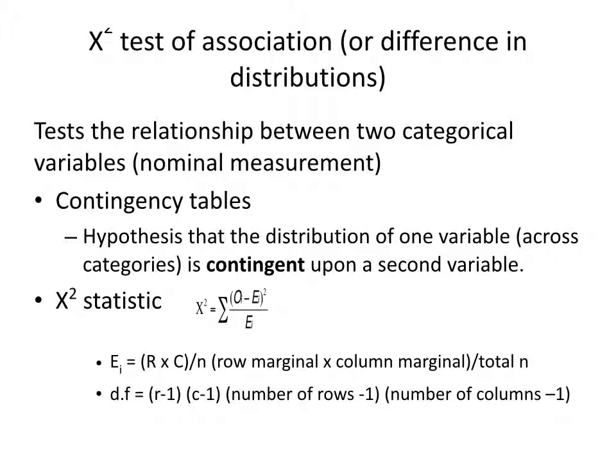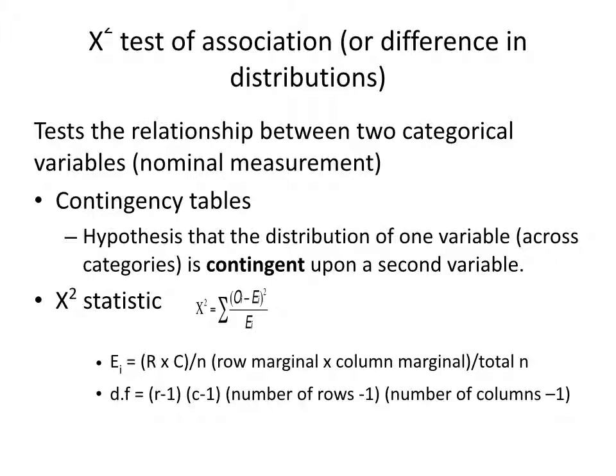The data are presented as contingency tables, and the hypothesis is that the distribution of one variable across categories is contingent upon a second variable. And to analyze these data, we use the chi-square statistic.